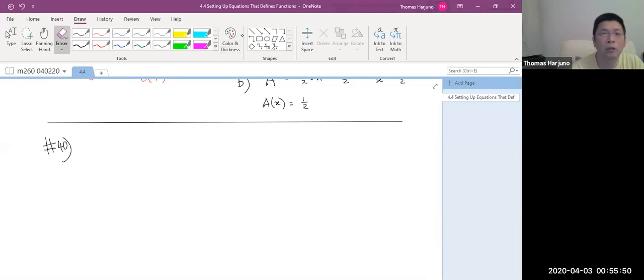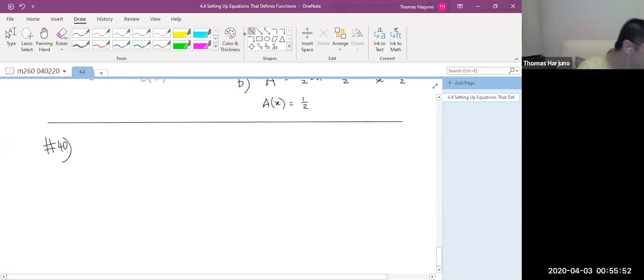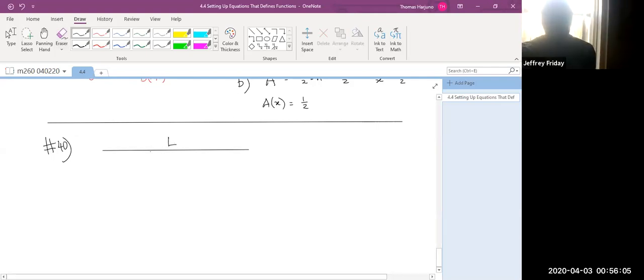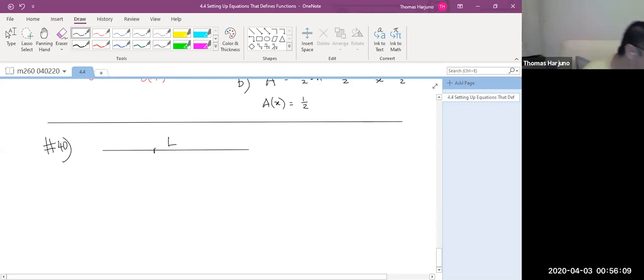Now on this number 40, we have a similar question to number 32, but this time it is even more abstract. We have a wire of length L. It's cut into two pieces. The first piece is bent into a square, the second into an equilateral triangle.